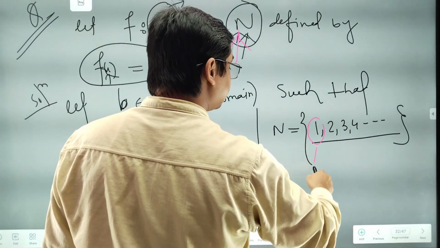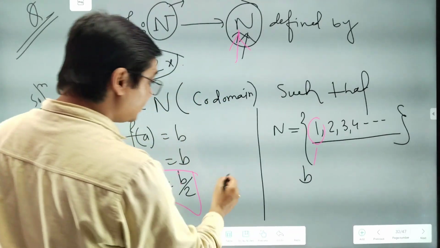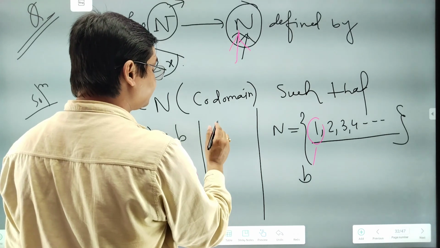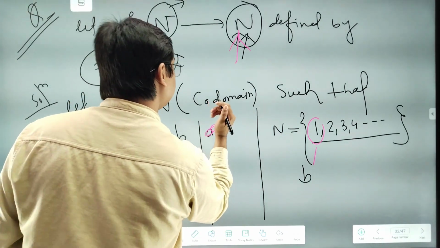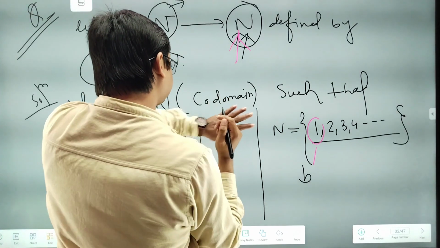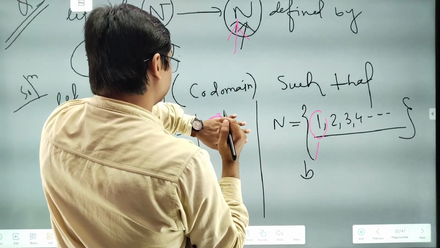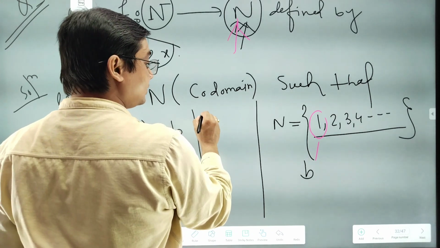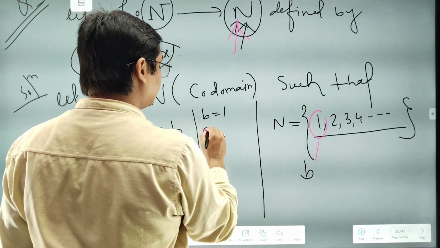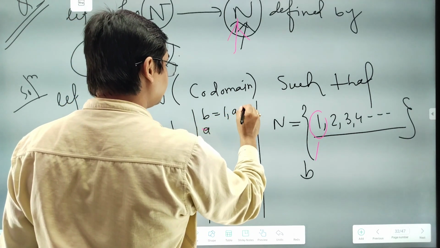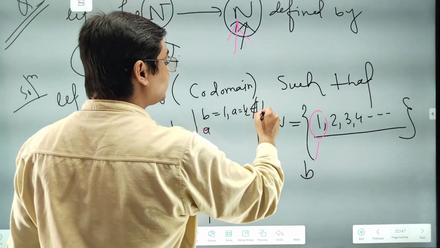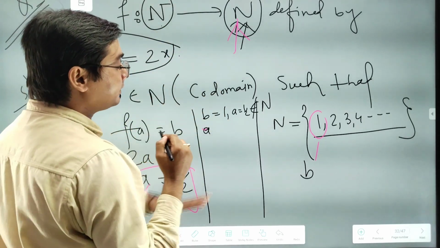Suppose B is 1. If we put B equal to 1, then what do we get here? A equal to half. See, this half does not belong to capital N. Half is not in it.